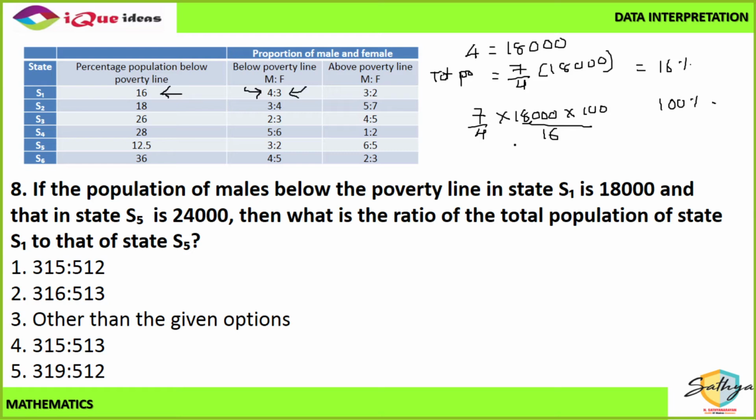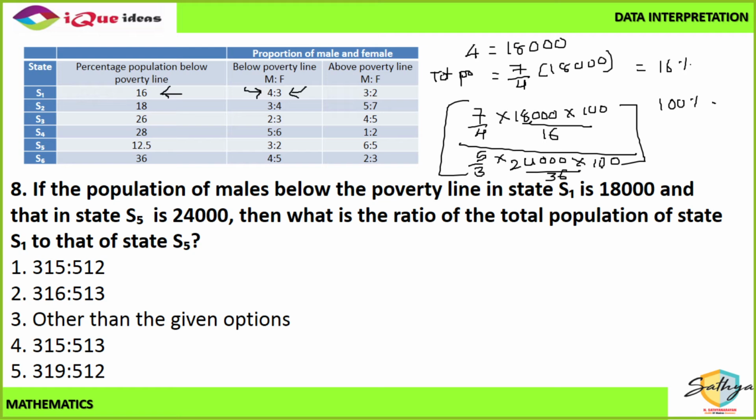Similarly, if I need to compare it with state S5, so for S5, what am I going to get? I'm going to get 5 upon 3 into 24,000 into 100 divided by 36. And the moment you simplify this, you will get your final answer. Are we clear?